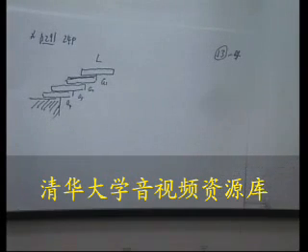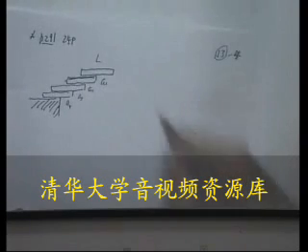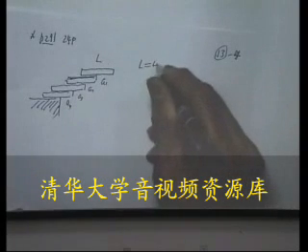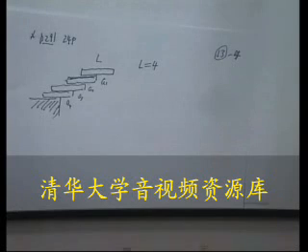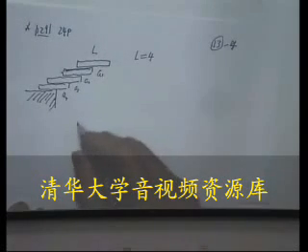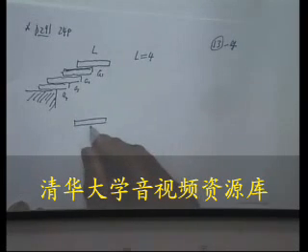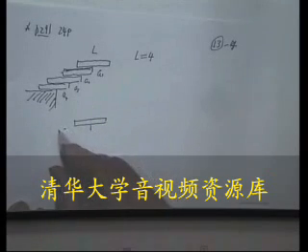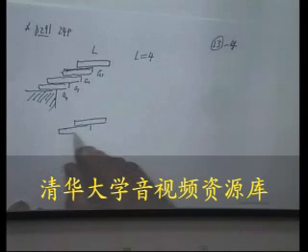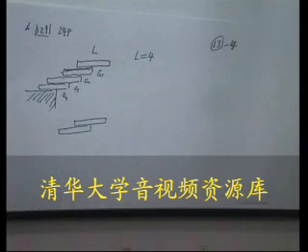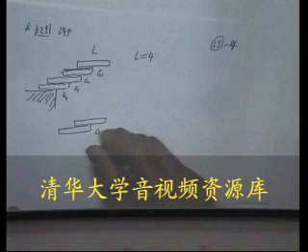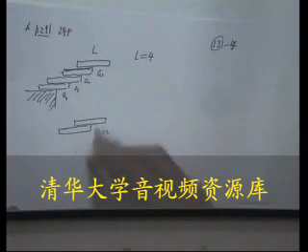Well, first, in order to make this problem simple, let us choose L to be equal to 4. That makes it easier to think. So let's first analyze the top block. I think everybody would agree that the top block is such that A1 is equal to 2.